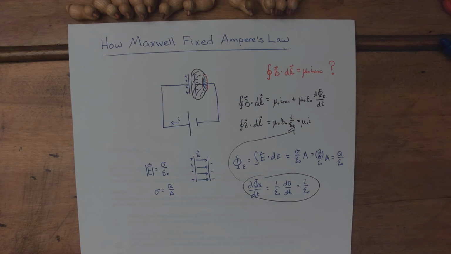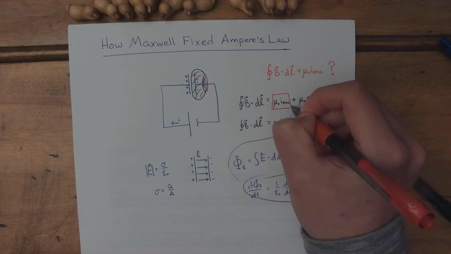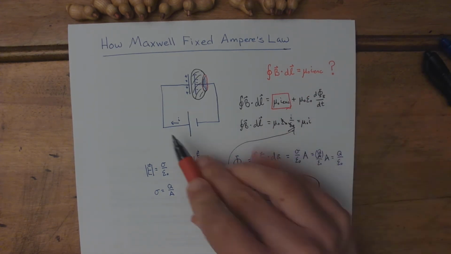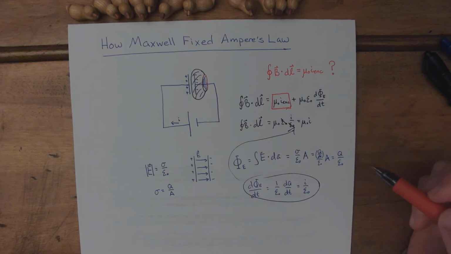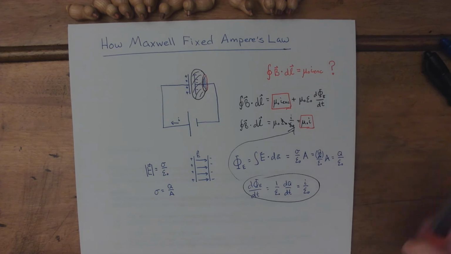So no matter which surface you use, if you use the blue surface, you would just have mu naught times I enclosed, and I enclosed would be equal to I. And if you use the black surface, we get the same thing. One more thing that we have to look at.